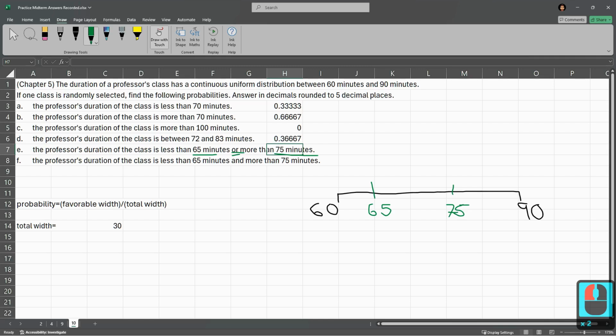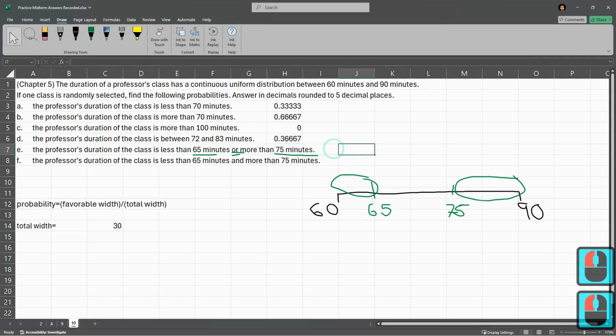All right, or means it could be in less than 65 or more than 75. Either one's okay. So now the favorable width, there's two parts to it. So we have to add up both parts for this computation.